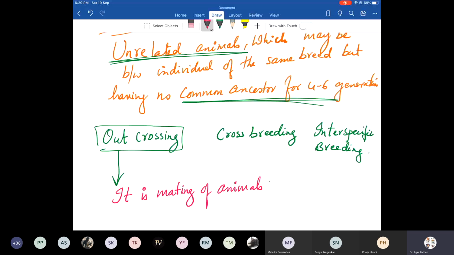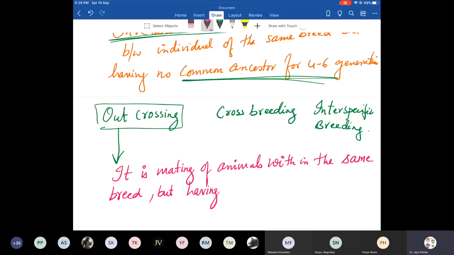Same breed, but having no common ancestor. Very important. Mating within the same breed, but no common ancestor. These points are important that you should know.